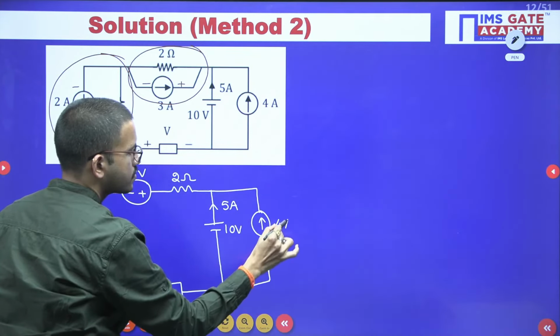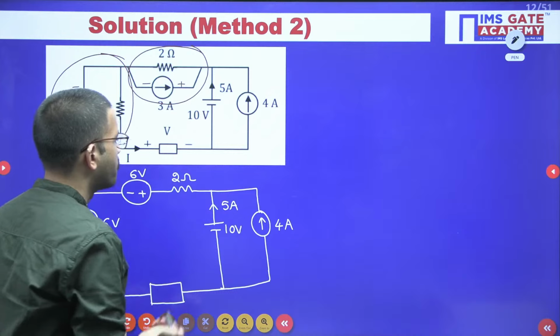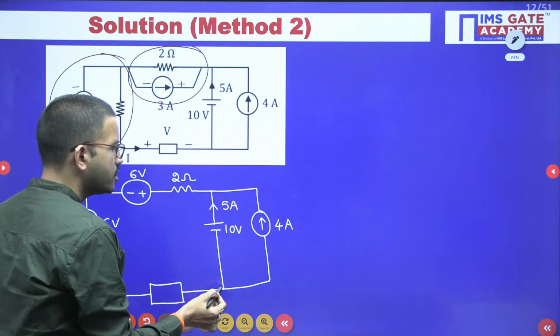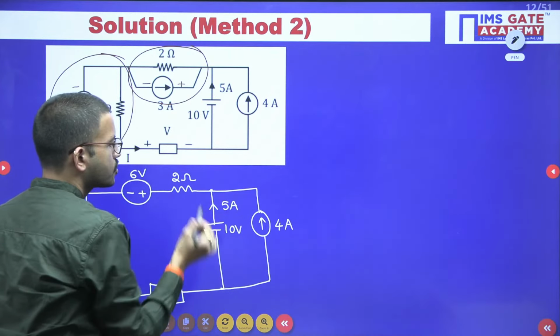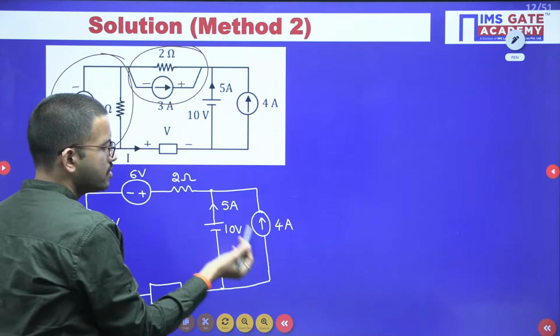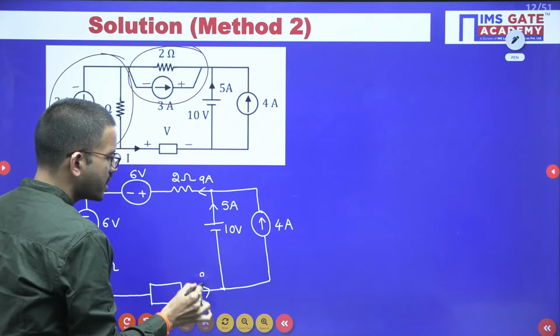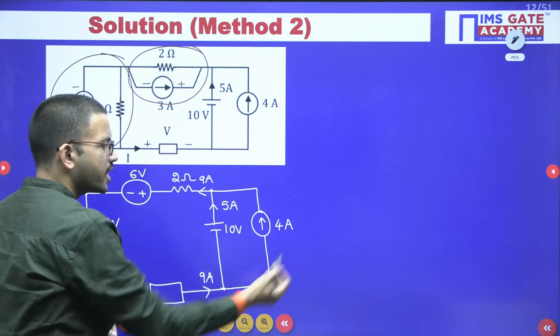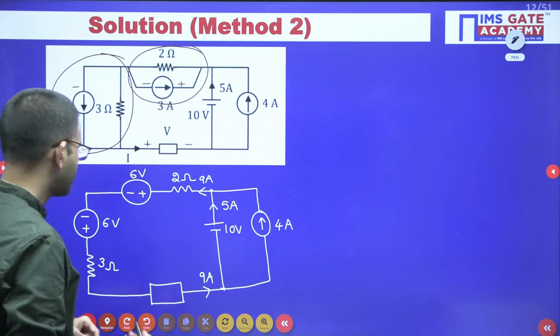Whatever law we applied in the earlier method, the same law you can apply here: KCL, either at this node or this node, no problem. The 5 ampere and 4 ampere are both entering, so 9 ampere is going like this. Otherwise, at this particular node, 9 ampere current is coming like this.